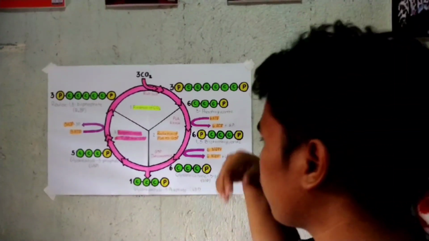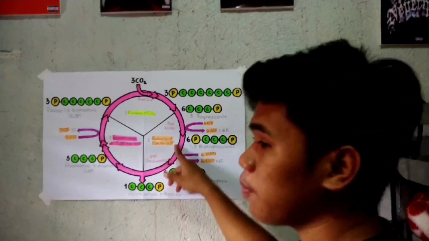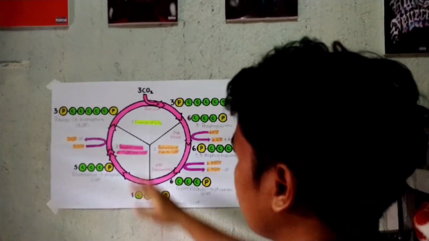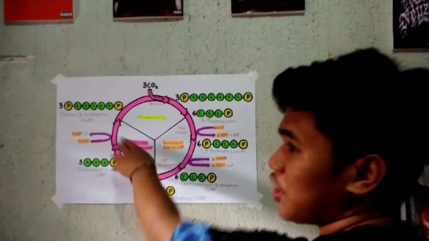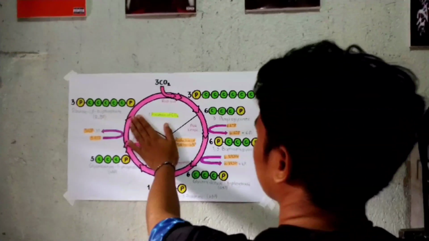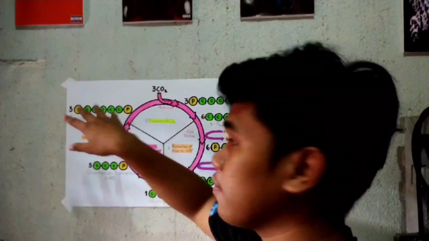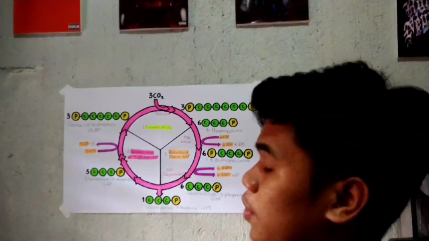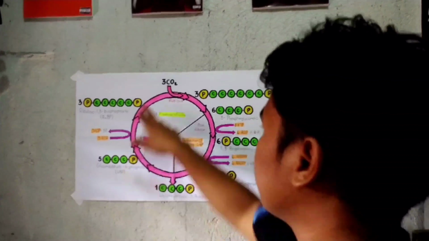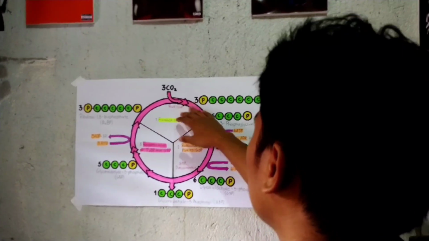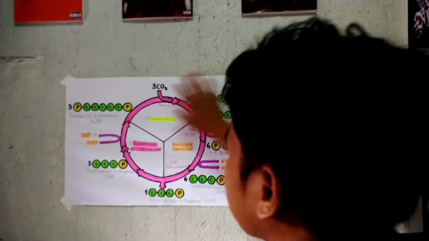But before we move on to reduction of PGA to G3P, we will track how many carbons are being used in this process. As you can see here, there are 3 ribulose 1,5-bisphosphate, and each contains 5 carbons. So 5 carbons times 3 equals 15 carbons, and we have 3 carbons here, so 15 plus 3 equals 18 carbons.